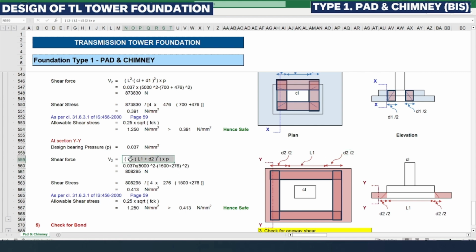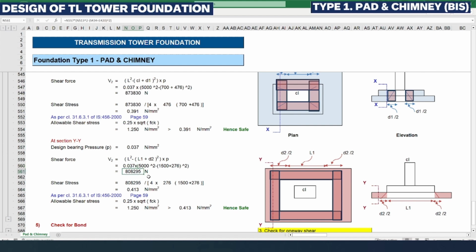So L square is the total span minus L1 plus D2 square, we will get the effective stress area, that is two-way shear stress area, multiplied with the P, the design bearing pressure.